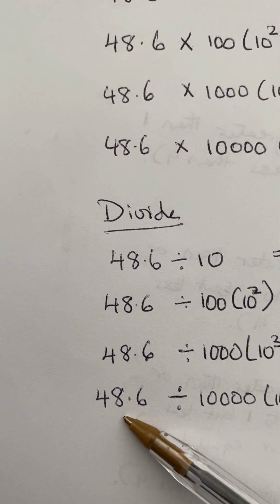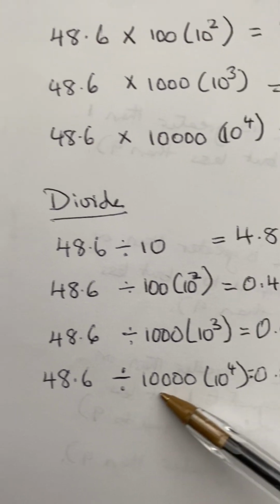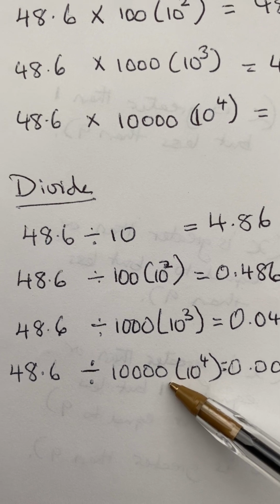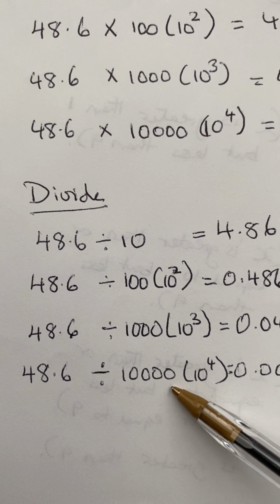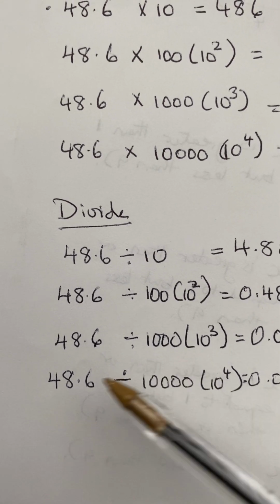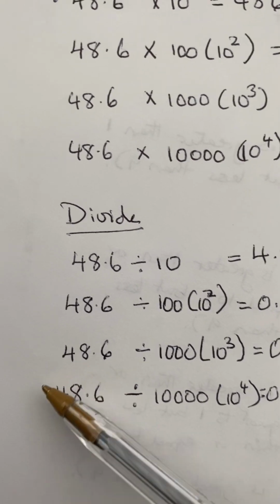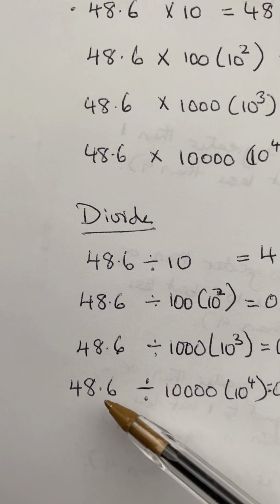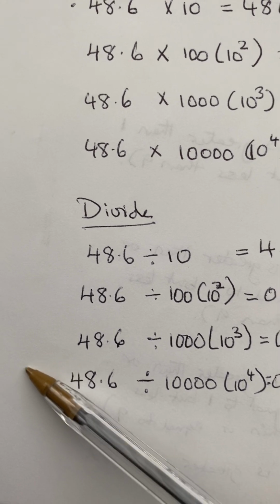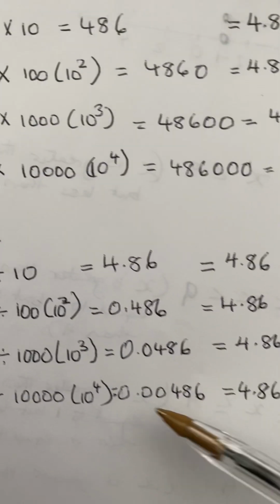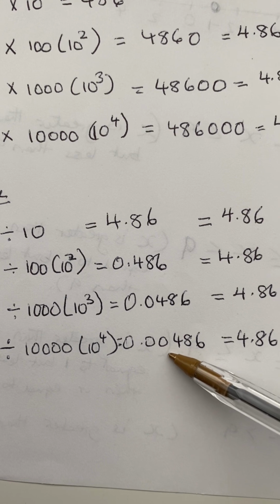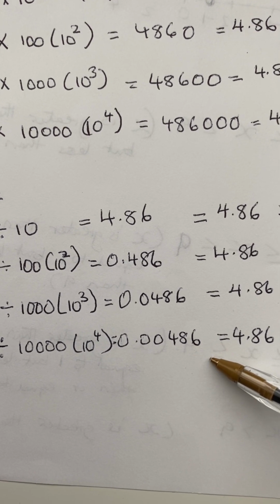Now, 48.6 divided by 10,000. So we have 4 zeros, which is the same as 10 to the power 4. So we are going to move backwards in that direction, 4 jumps. So we have 1, 2, 3, 4. So now we have 0.00486.